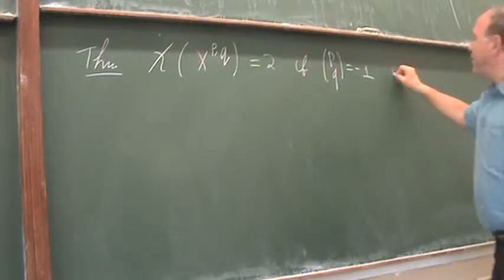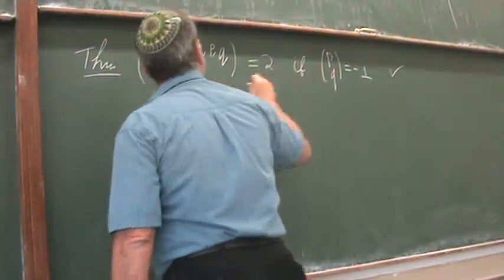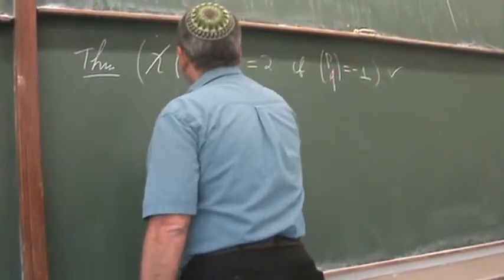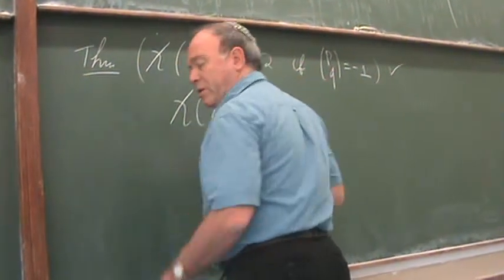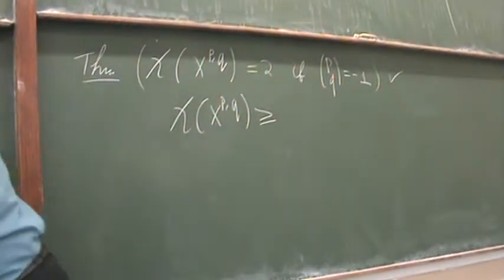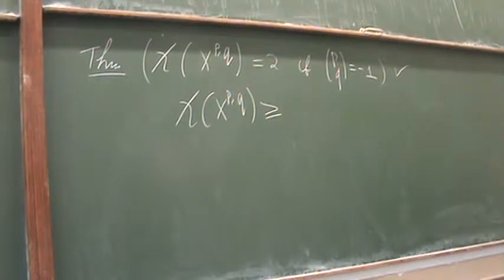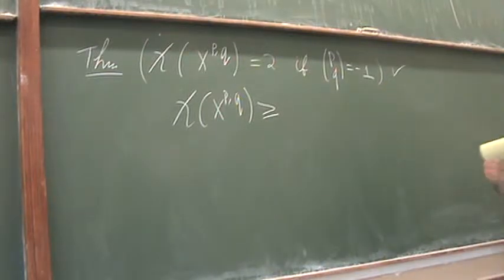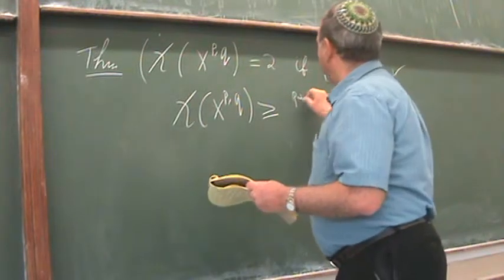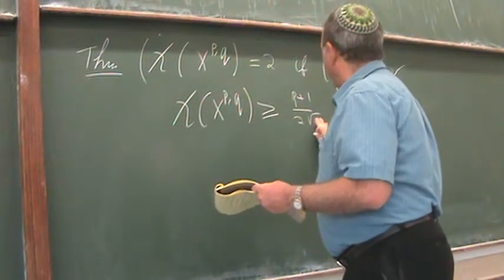So that's not interesting. The really interesting is that chi of X_{p,q} is greater or equal to something like (p+1)/(2 square root of p).